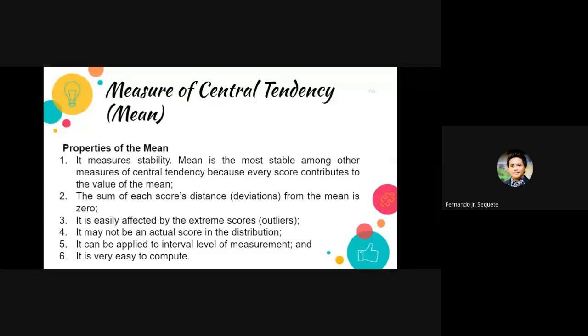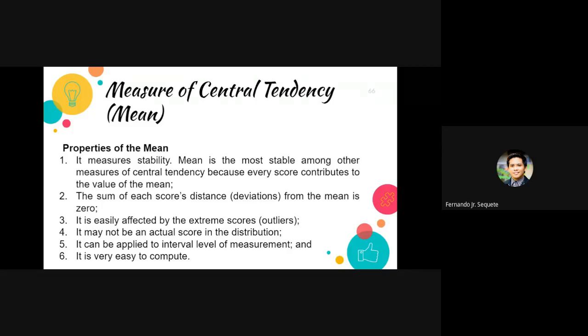The third one: the mean is easily affected by extreme scores. In statistics, we call these outliers. Extreme scores are those very far from the others. For example, if the perfect score is 100, and one student scored 99 while another scored 2, the scores are very far apart.